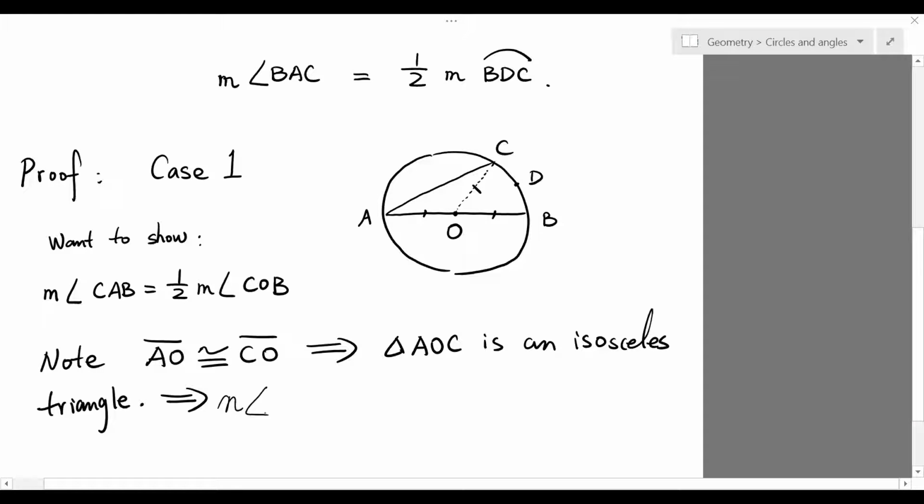Note that the base angles of this isosceles triangle are going to be congruent to each other. Therefore, the measure of angle CAB is equal to the measure of angle ACO.